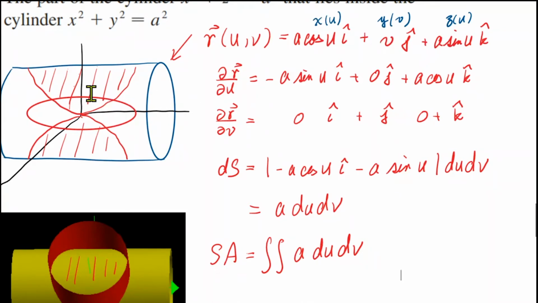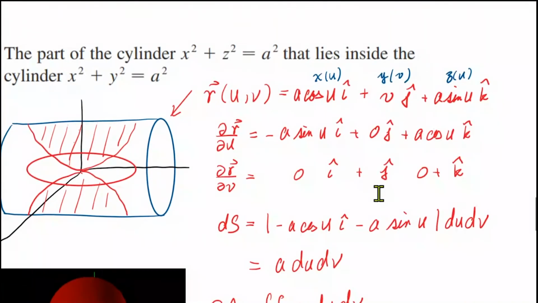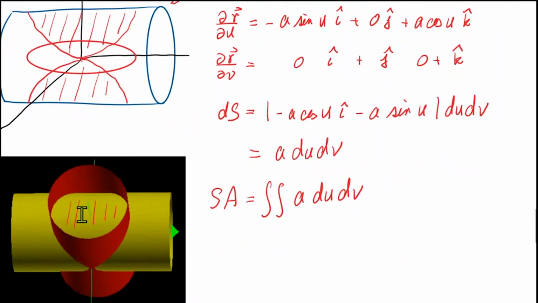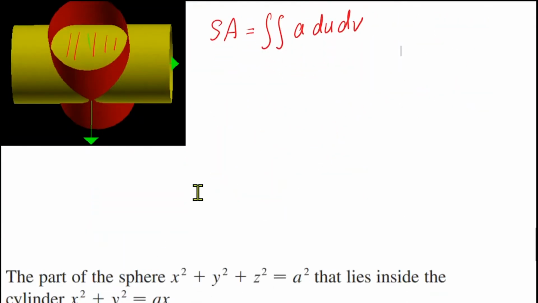I'm not sure how I can vary Z, this part to that part. What if you vary Z, V, from negative A to positive A? Would that work? Let's think. Would that give us a rectangular thingy? Let's sketch it and try to figure it out, shall we?